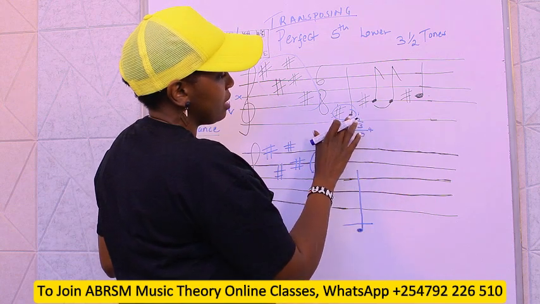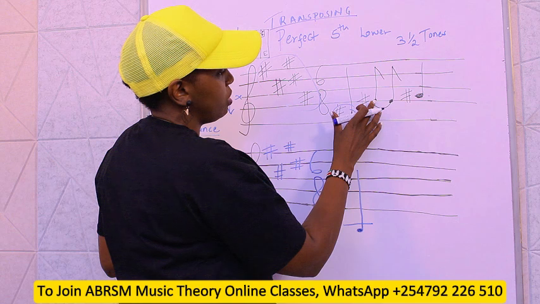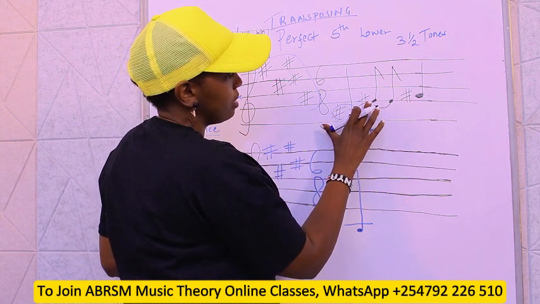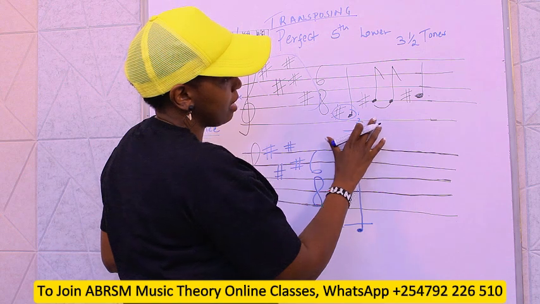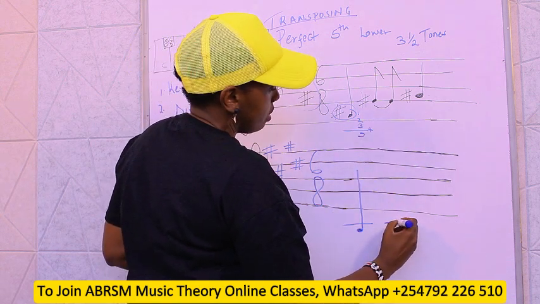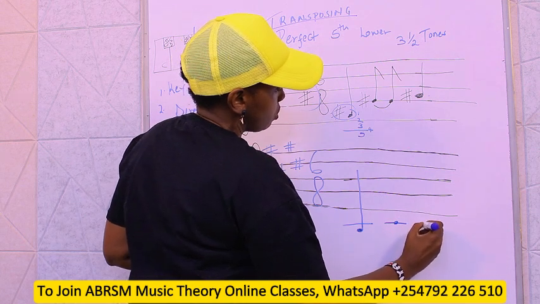Then notice that there I have an interval of a second, or I can just count the lines like I have done with the space. I just skip this line and then come to the line that is on it. Remember that when it's ledger line, every note you put it on its own line.